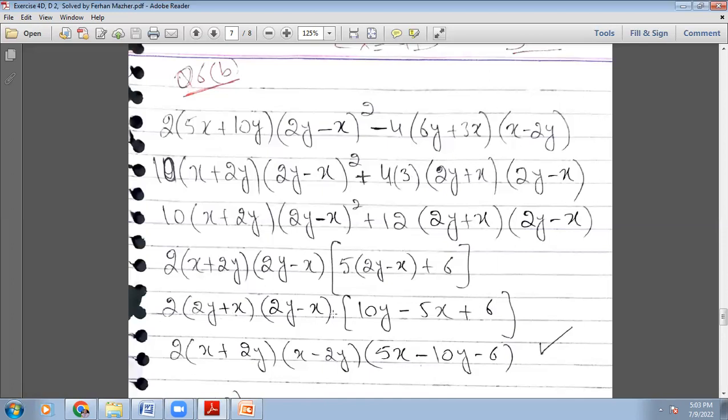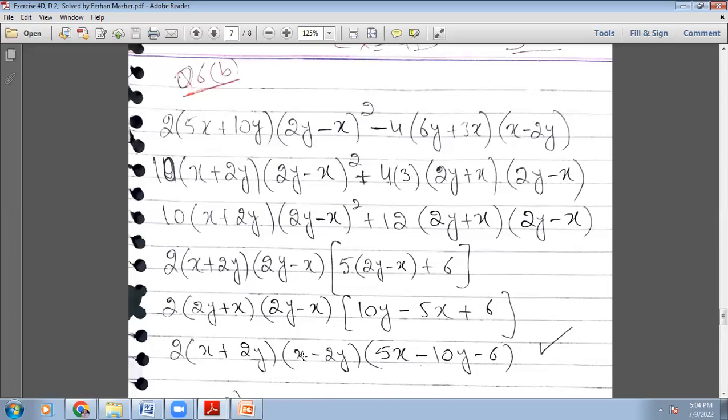And here you are left with 10y minus 5x plus 6. So 2 bracket x plus 2y bracket close bracket start x minus 2y bracket close. Here you are left with the 5x and 10y plus 6 because I have taken a negative out and put it in this bracket.